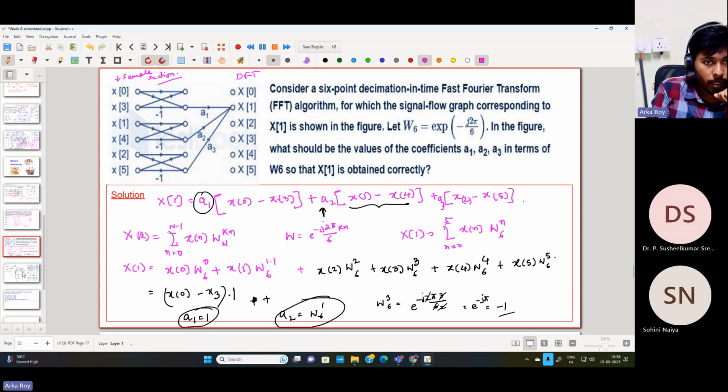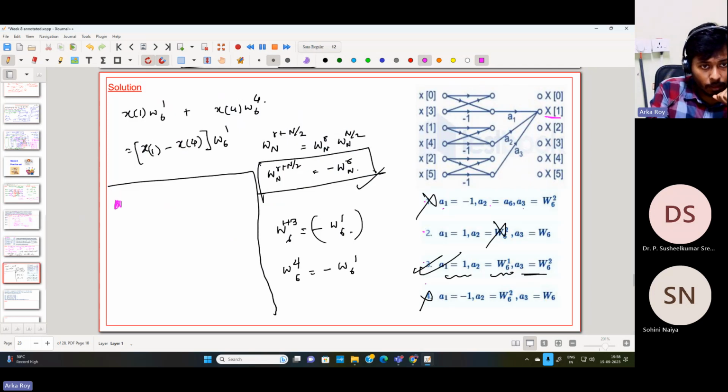So X2 W6 2 and X5 W6 5. W6 5 is basically minus of W6 2, because you can exploit this particular relation.